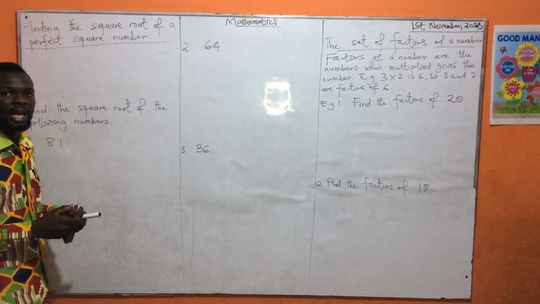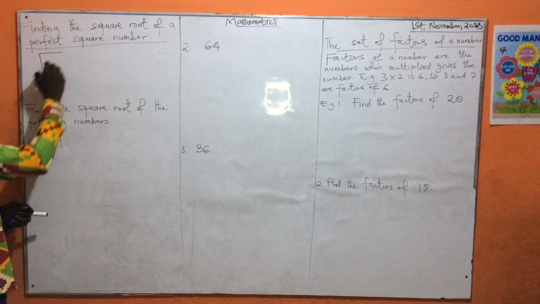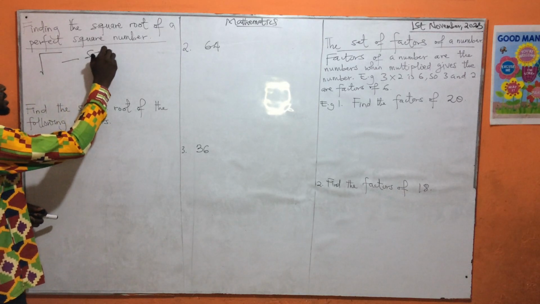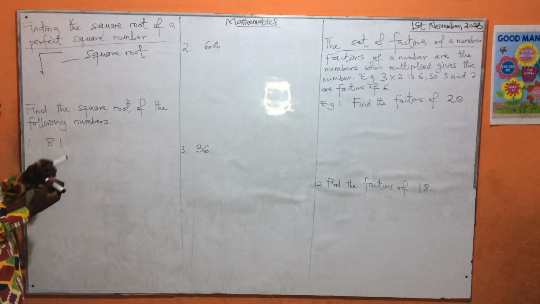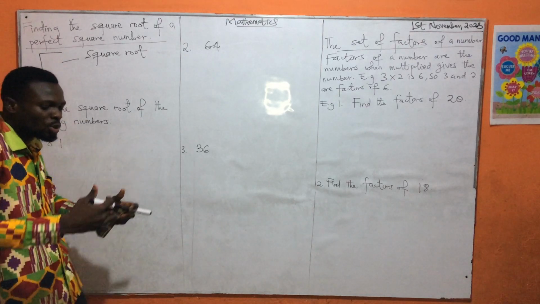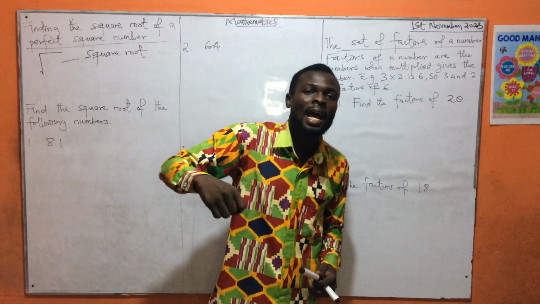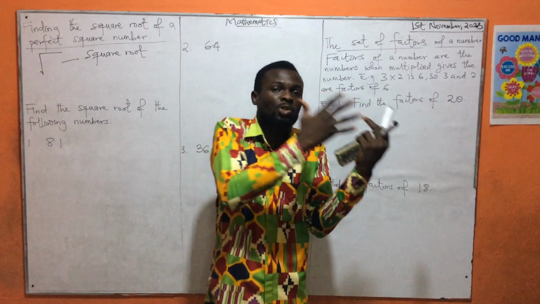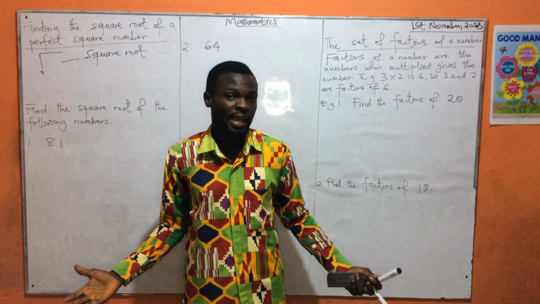Finding the square root. And the square root is given as this symbol. This being the square root, the square root of a perfect square is the integer that gives us the perfect square when it has been multiplied by itself.